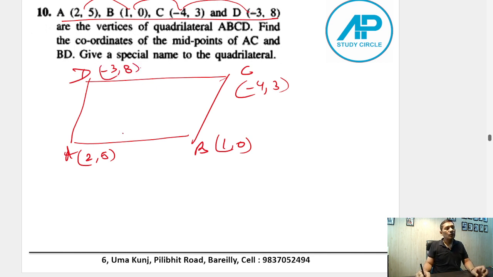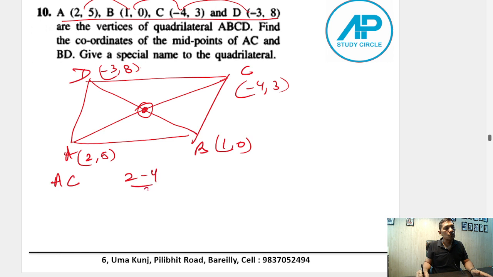They are saying find the coordinates of AC and BD. What is AC? The diagonal. What is BD? The diagonal. You have to find out the midpoints of AC and BD. First find the midpoint of AC: (2 minus 4)/2 comma (5 plus 3)/2, which is minus 1 comma 4.